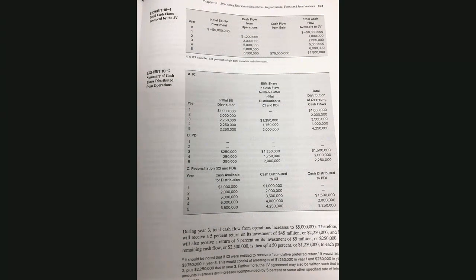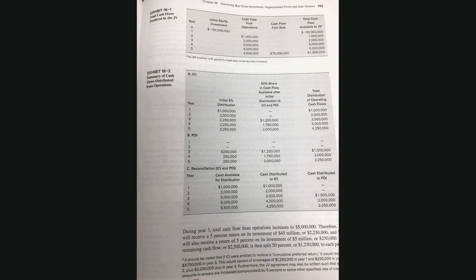So in the first 2 years, it's basically distributing everything out, right? So then in the third year, after the initial distribution of 5%, you also had a 50% share in cash flow. Okay, so in the total distribution is a little bit higher.